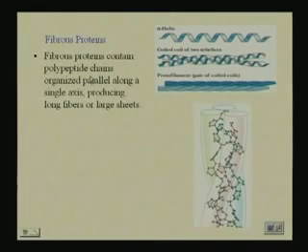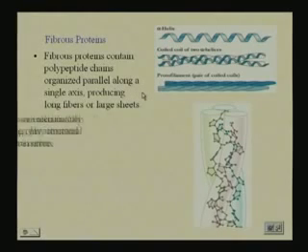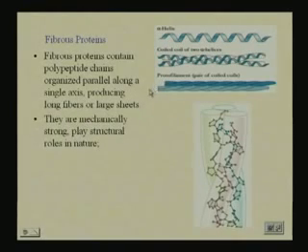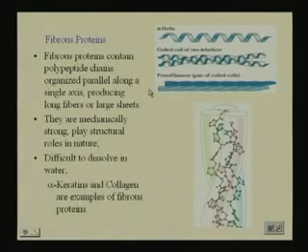So what we have in fibrous proteins, as you can see here, is a single alpha helix, you can have a coiled coil of two helices, or you could have what is called a triple helix, as in this case. So the interactions here would result in what is called a fiber, and you recognize that these long fibers or large sheets that are formed are parts of structures that require mechanical strength.